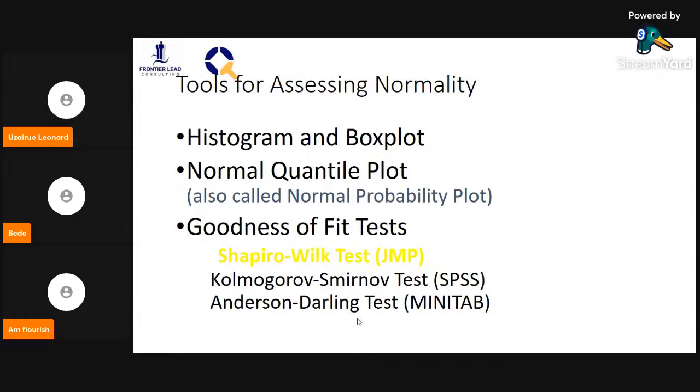So there are two tests that you usually do in SPSS. You do the SW test, then you do the KS test. Now, if you are using Minitab, which is also a statistical software, you will do Anderson-Darling test. So we are not doing that because it's not within the scope of this study.